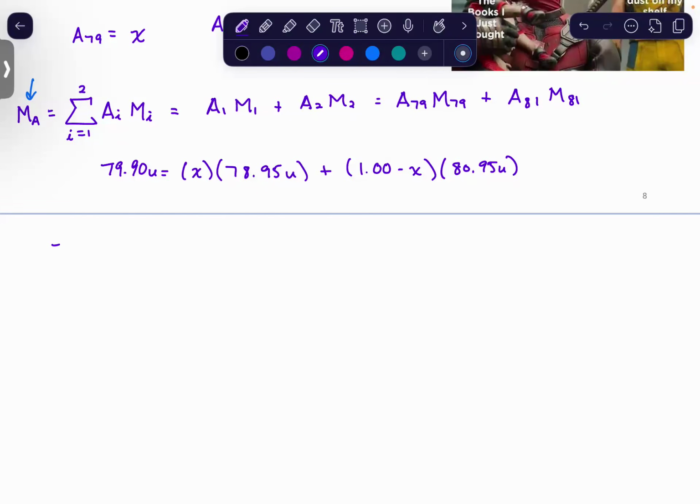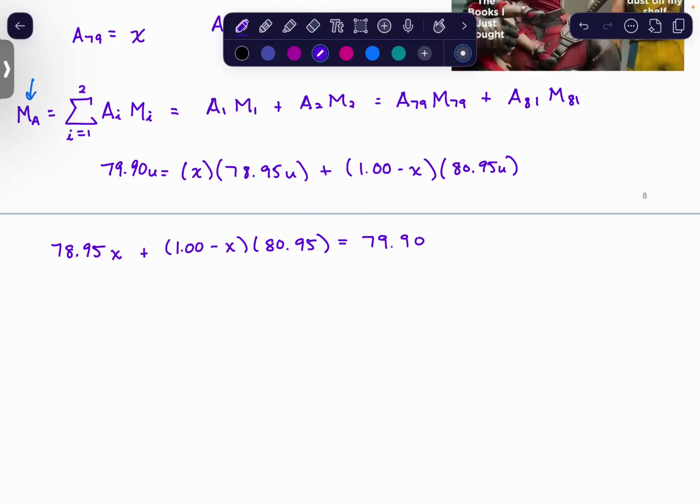So you can already see that this is going to be 78.95X plus 1.00 minus X, 80.95 equals 79.90.